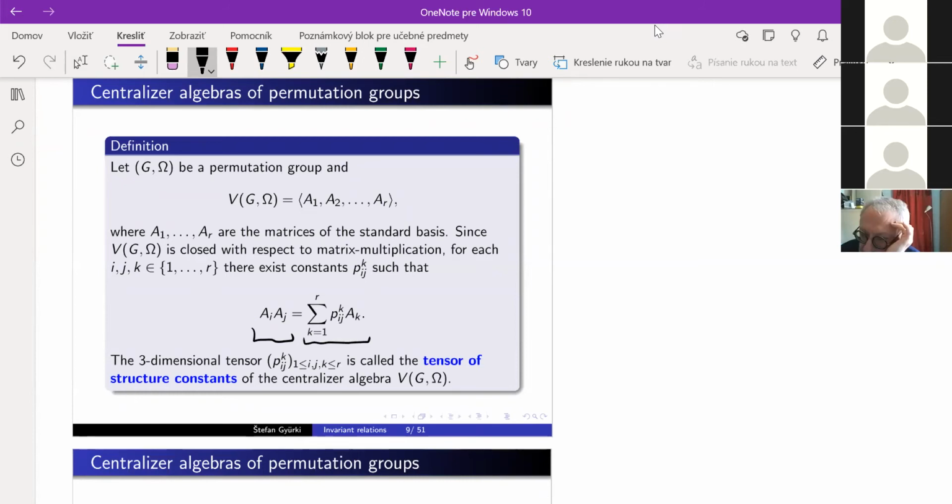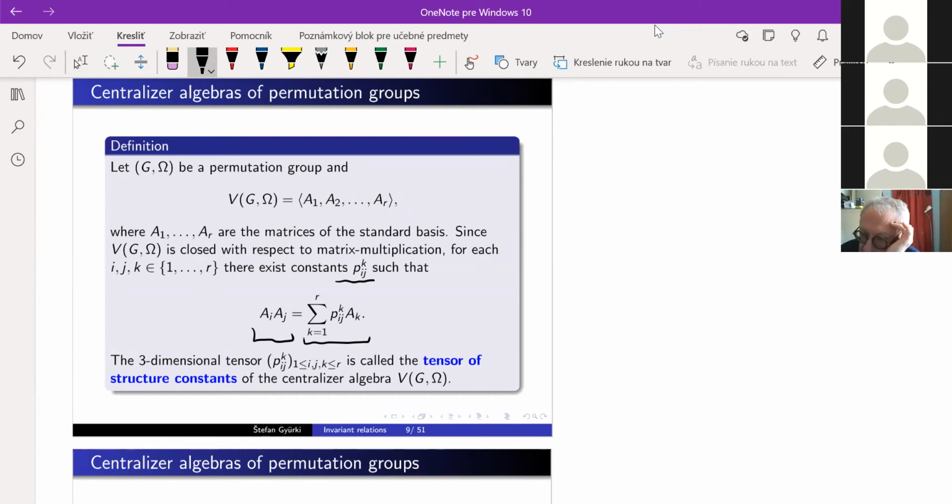So there exist constants p_ij^k such that A_i times A_j is these constants times the first matrix and so on.